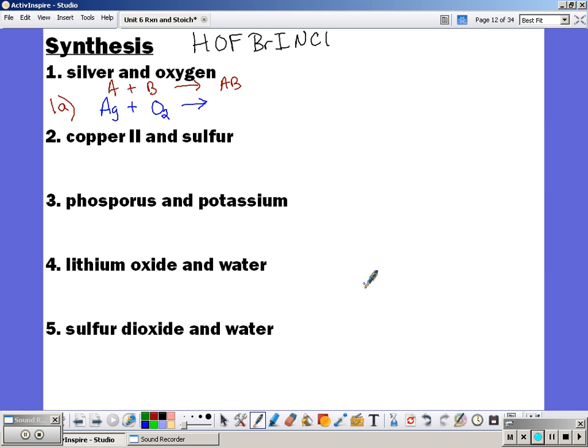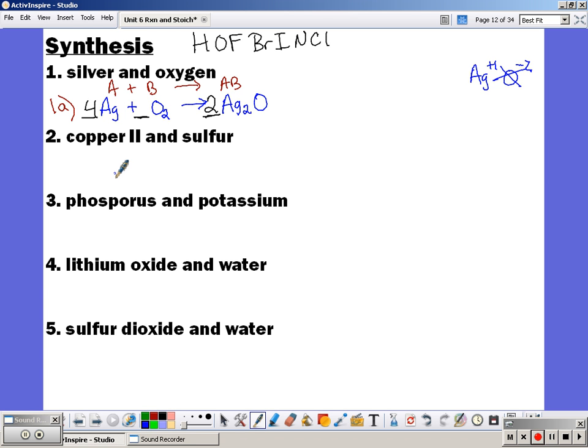So silver always has a charge of +1, oxygen has a charge of -2, so we would cross our charges. Ag2O. Then we would need to balance it. I have 2 oxygens, 1 oxygen, so I'd put a 2 there. That gives me 4 silvers, so I'll put a 4 there, and it's balanced.